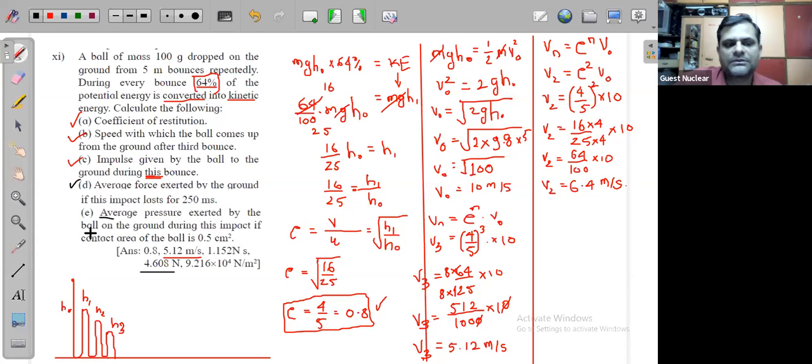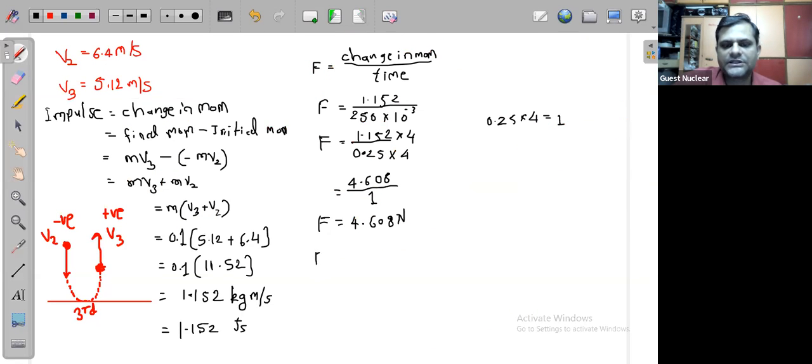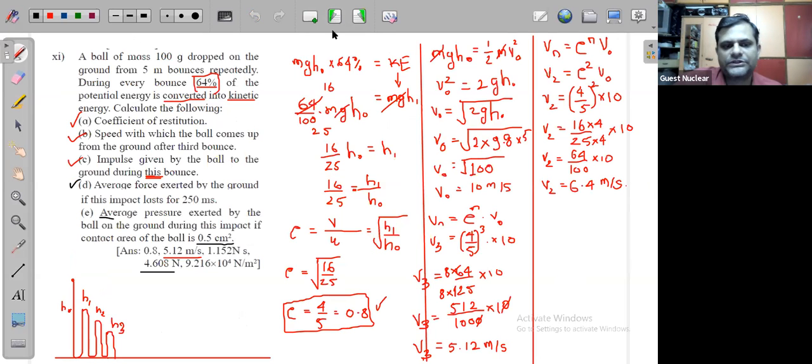Average pressure exerted by the ball on the ground during the impact if the contact area is given to be 0.5 centimeter square. If the area is given, then what is the big deal in finding the pressure? Pressure is defined as force upon area. So pressure will be force, expressed in Newton, that is 4.608, divided by area, which is 0.5 centimeter square.